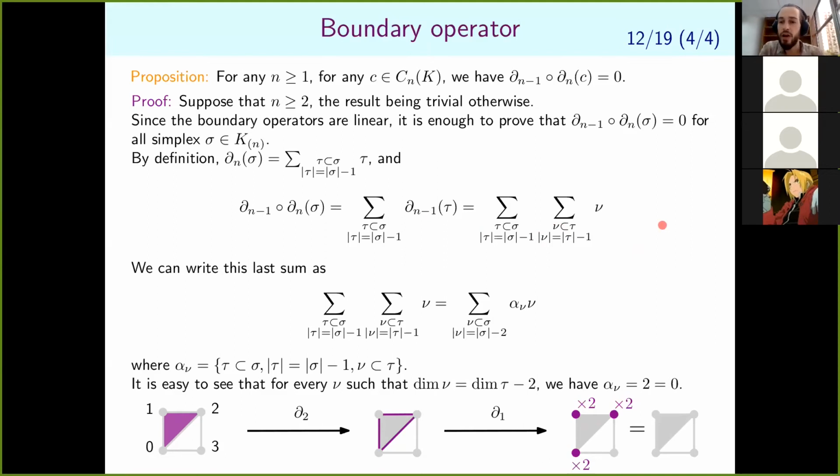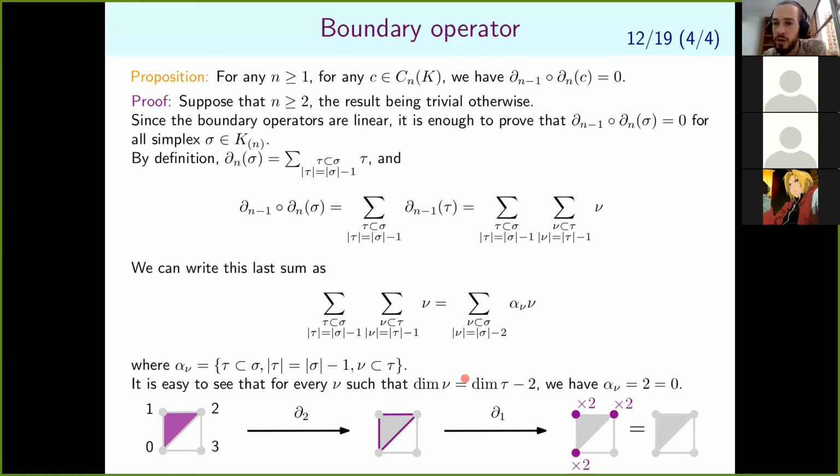Now I can rearrange the terms in this sum and say that it is equal to the sum over all faces of codimension 2 of sigma with a coefficient here, alpha. And you can easily prove that this coefficient alpha is 2.